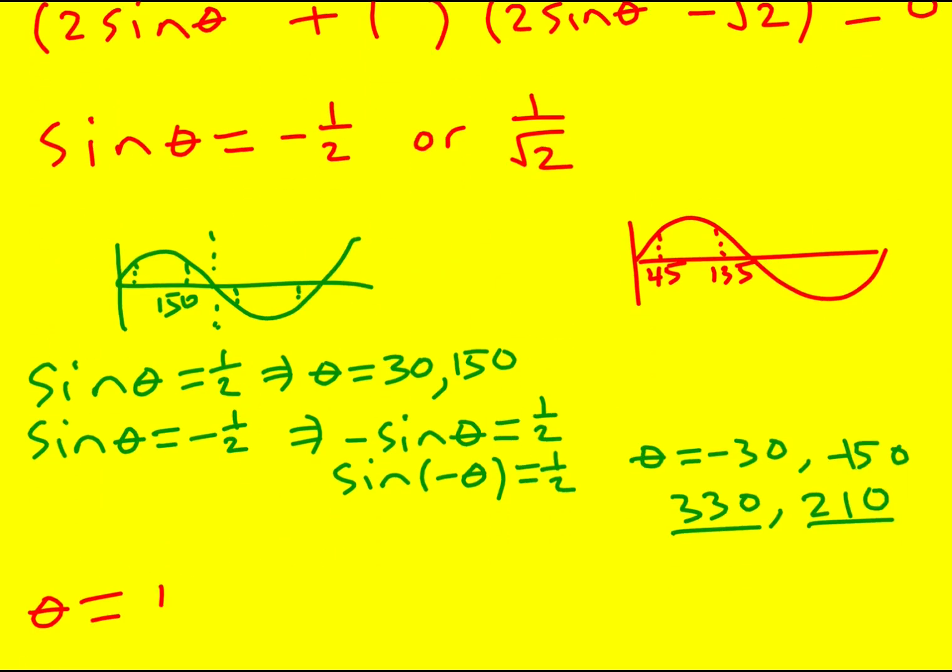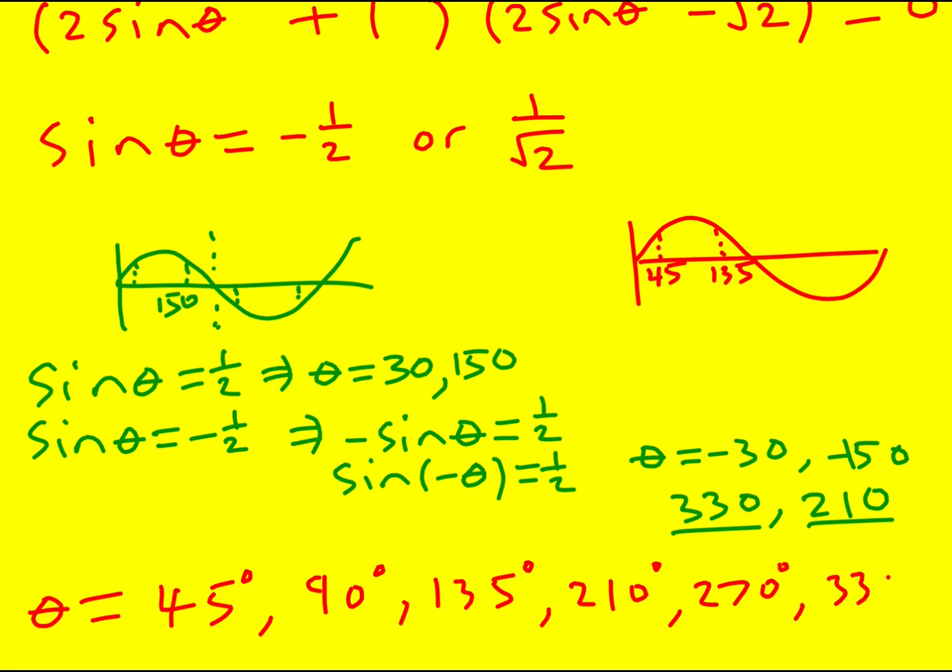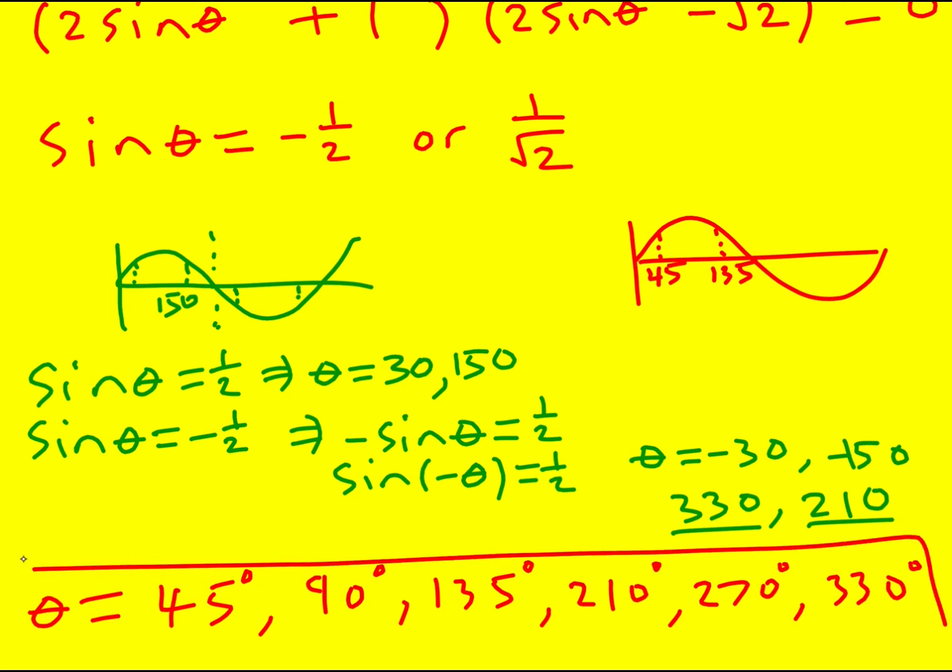So it's going to be 45 degrees, 90 degrees, 135 degrees, 210, 270, or 330 degrees. Those are all the values of theta for which this equation is true.